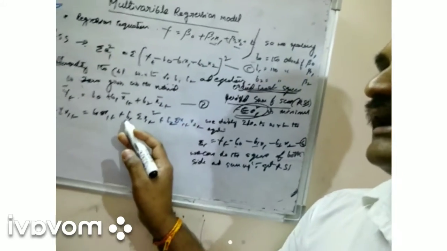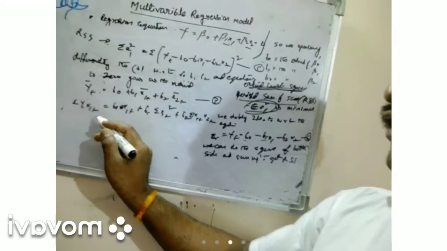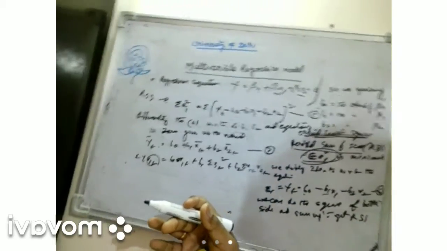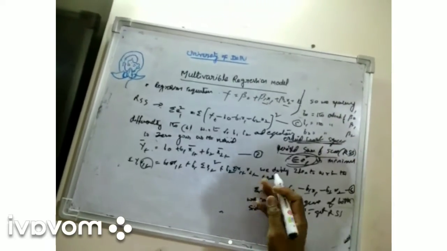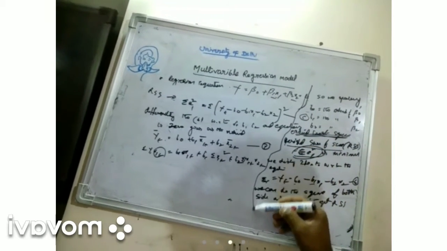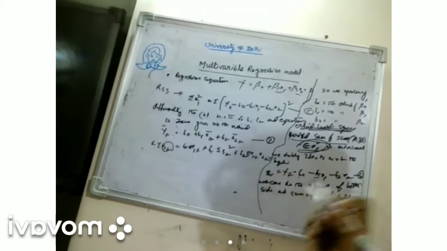This is the equation. After you explain the x1 variable parameter estimation and differentiate, this equation is going to equal 0.